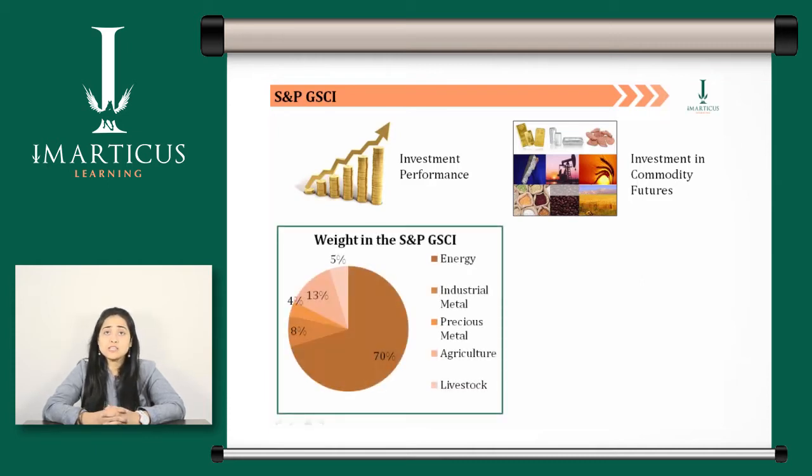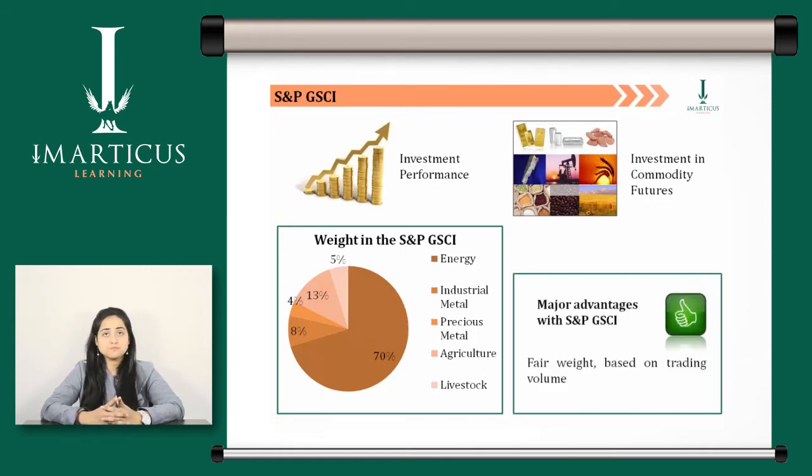The weight in S&P GSCI is as shown on the screen. It includes 24 commodities in total, where energy stands at 70%, industrial metals at 8%, precious metals at 4%, agriculture stands at 13%, and livestock is inclusive of 5%.